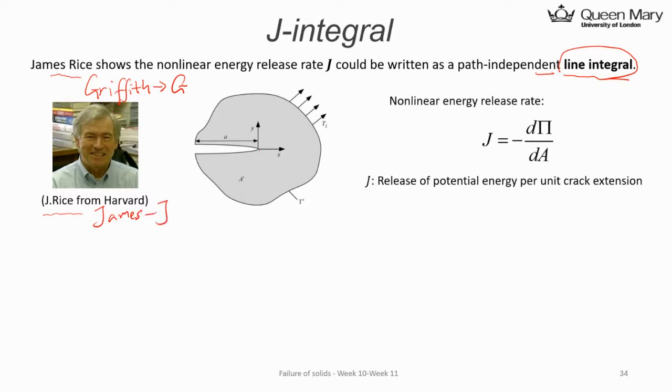So that's the link between these two terms. The idea behind it is quite simple: if you can work out the change of your potential energy and divide it by dA, the crack surface area, you get the release rate for a nonlinear solid.